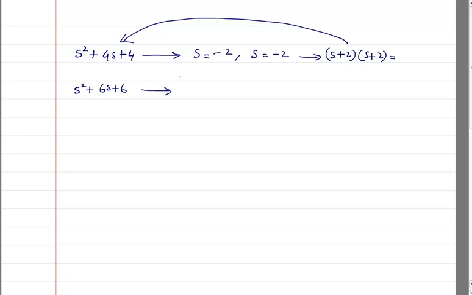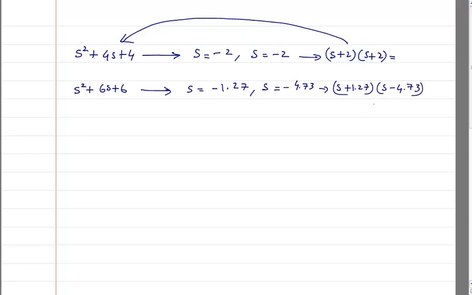Using a calculator, you will get s is equal to -1.27, and the second value s is equal to -4.73, which means it will be something like s plus 1.27 and s plus 4.73.